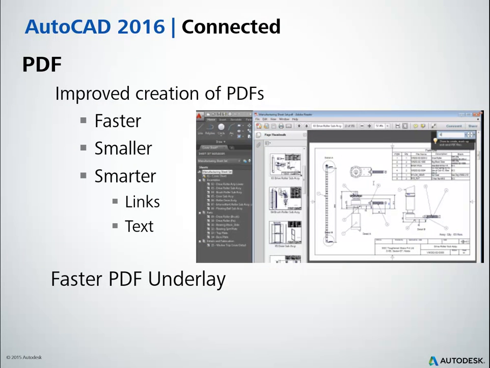On the PDF, we are making some improvements to make it more connected. So it's faster, smaller, and also smarter with links and texts. And also we have some improvements on the underlays, so we can manipulate these drawings inside AutoCAD without delays and lags on the zoom and pan.